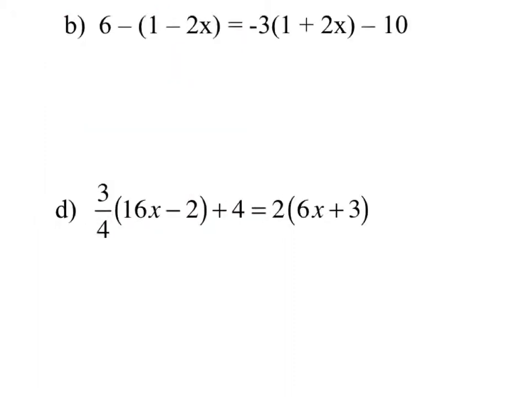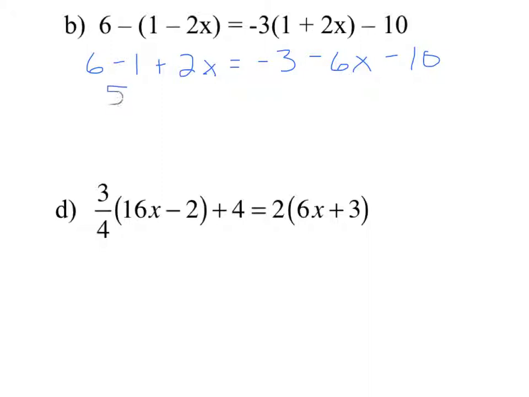For part B, we first want to distribute the negatives. So we have 6 minus 1 plus 2x equals negative 3 minus 6x minus 10. Now we want to combine like terms.